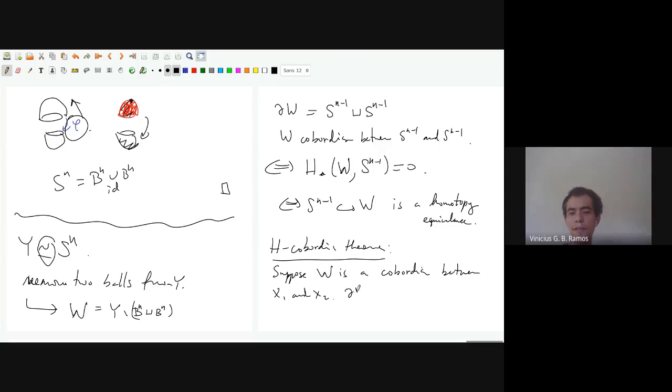That just means the boundary of W is the union of x1 and x2, such that it's simply connected, so pi1 of W is 0. And we have this condition that the inclusions of x1 and x2 as boundary components are homotopy equivalences. So this is related to this condition here.